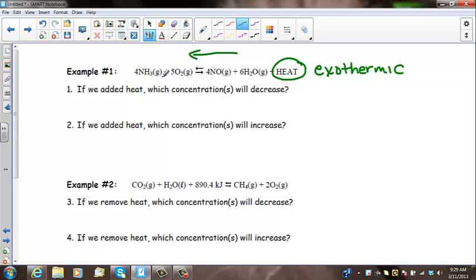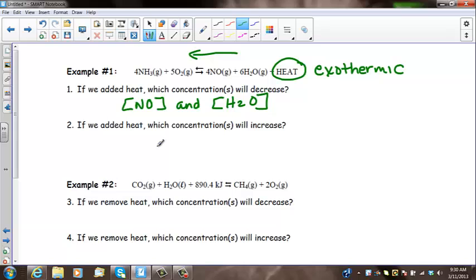So if I'm increasing the production of NH3 and O2, favoring the reverse reaction, that means that the concentration of NO and the concentration of H2O have to be decreasing because they will be colliding in order to make the NH3 and the O2.